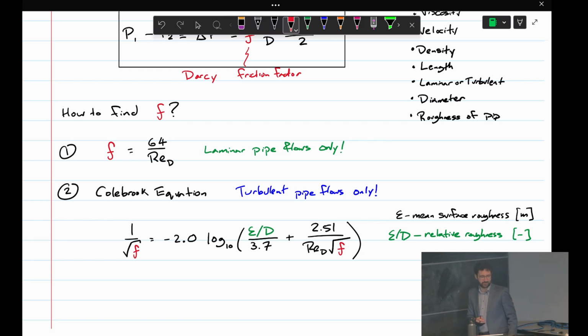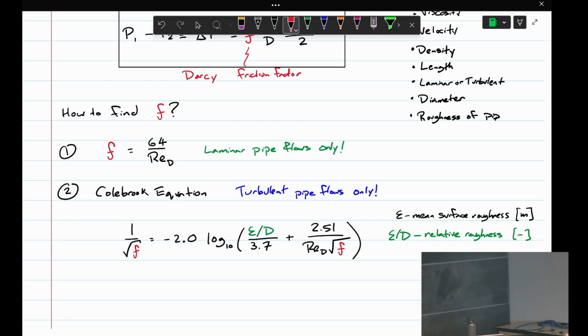Now, there's a problem with the Colebrook equation. If you talk to anyone who took fluids one, they'll probably remember this problem. What's the problem with the Colebrook equation right here? It's an implicit equation, so we can't solve for F directly out of this equation.